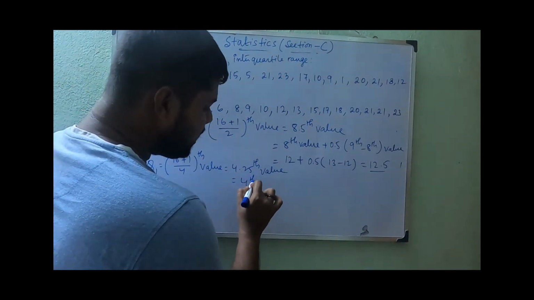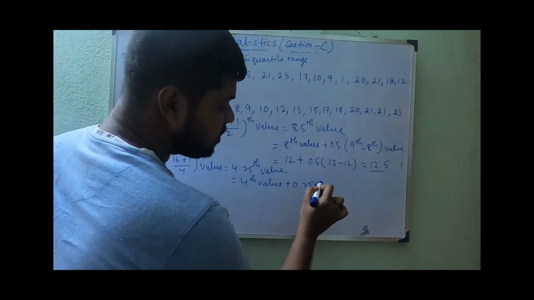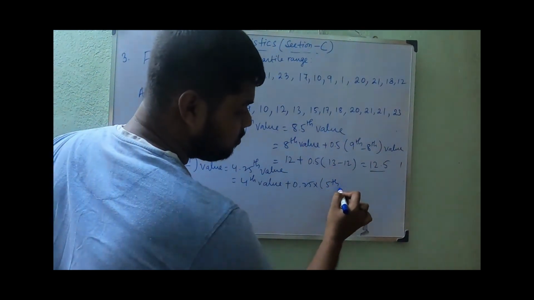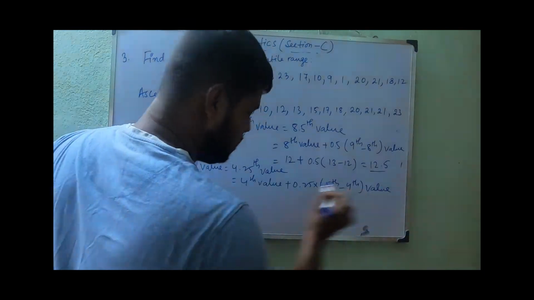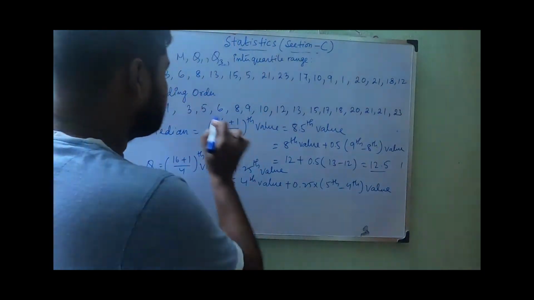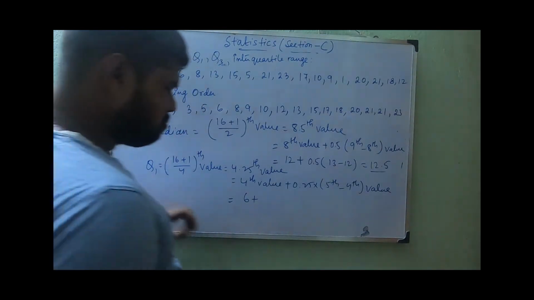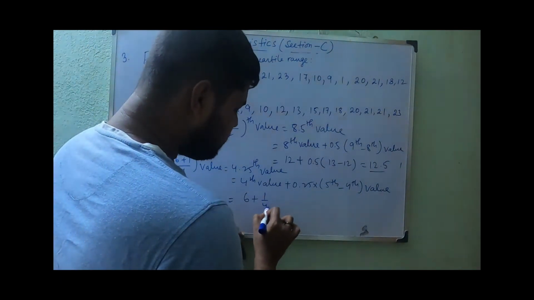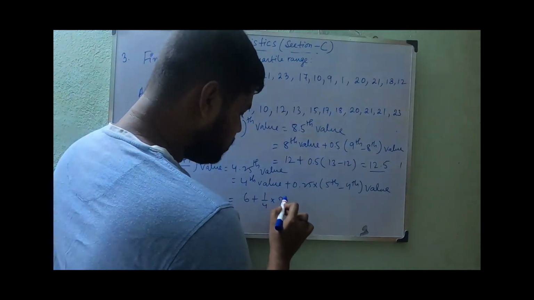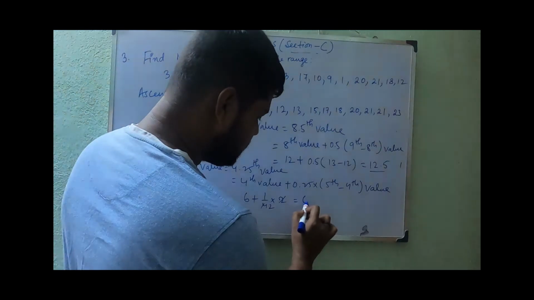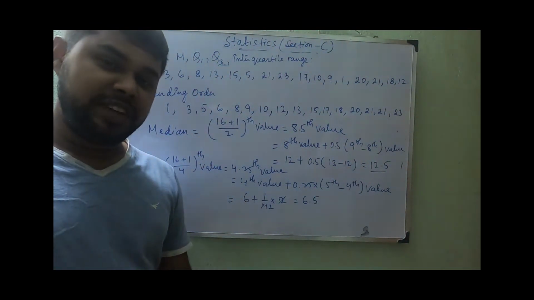It is the 4th value plus 0.25 times the 5th value minus the 4th value. So the 4th value is 6 plus 0.25, that is 1 by 4, into the 5th value, which is 8, 8 minus 6, so this is 2, so this is 6.5. So lower quartile is 6.5.